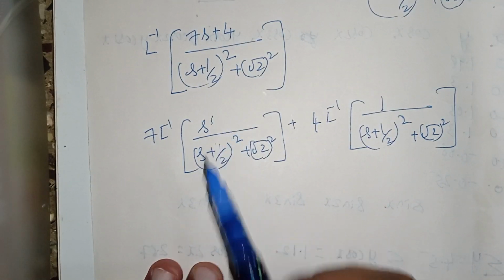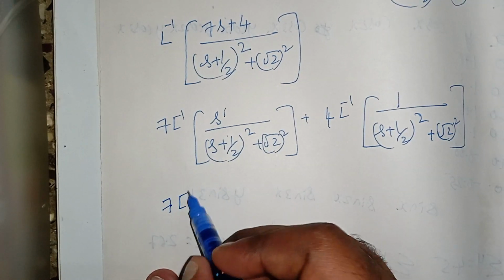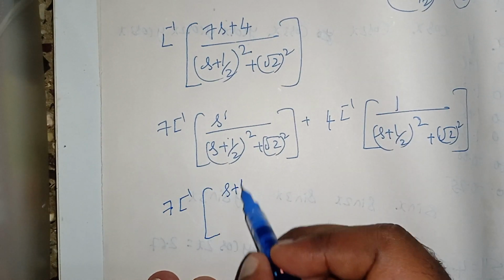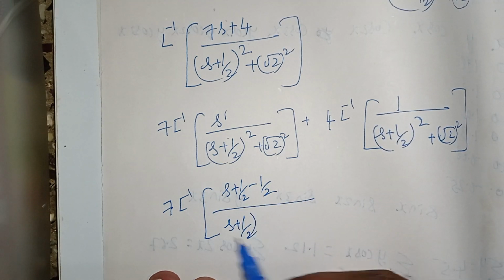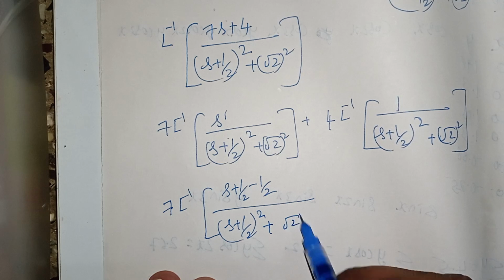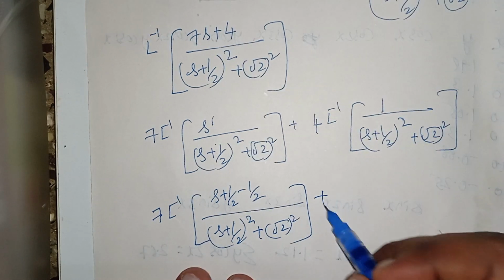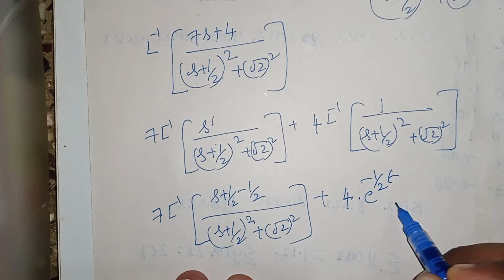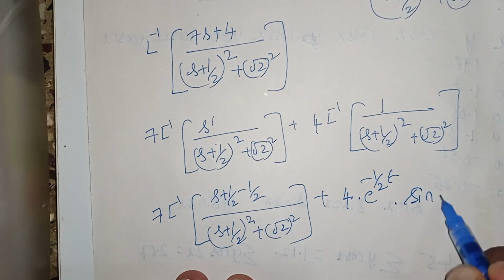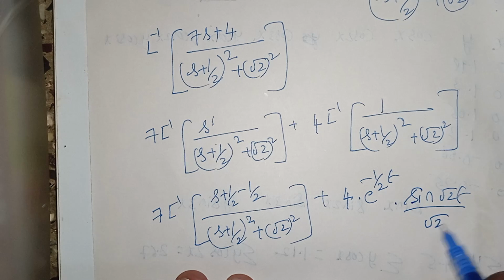Again I should have half here. So I will add and subtract half. S plus half minus half by s plus half whole square plus root 2 square. And here it is nothing but 4 into e power minus half t sine root 2t by root 2.